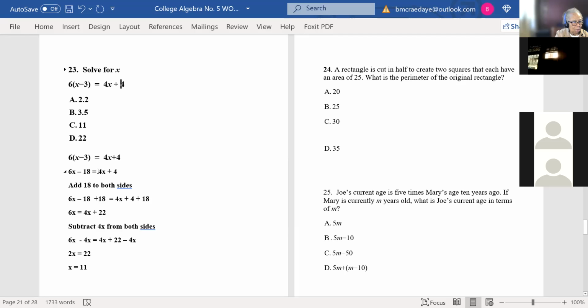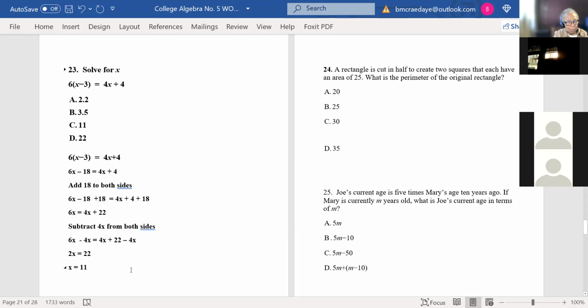And that's equal to 4X plus 4. Then she combined the like terms. She added 18 to both sides, and you got 6X equals 4X plus 22. Subtracting the 4X, you get 2X on the left and 22 on the right. And dividing by 2, X is half of 22, which is 11. Any questions, Audrey, on 23?